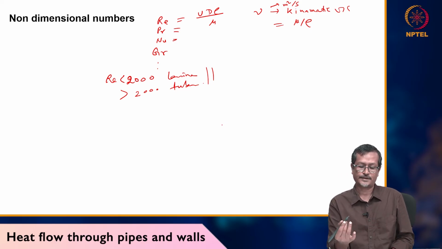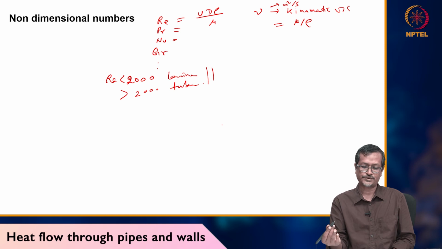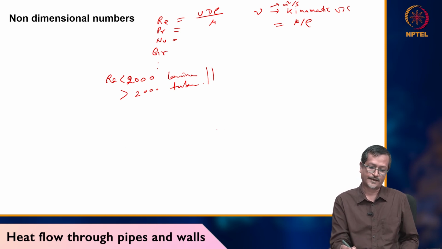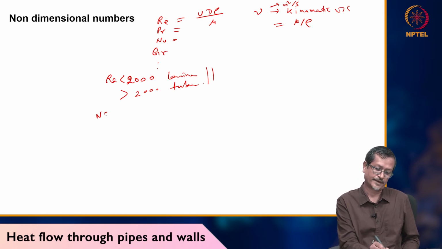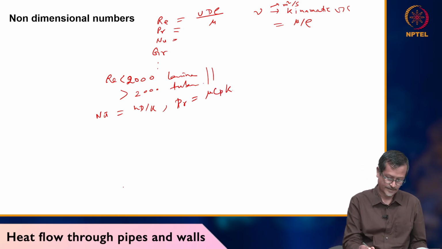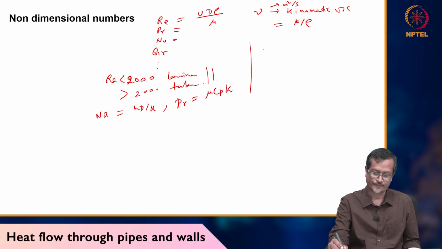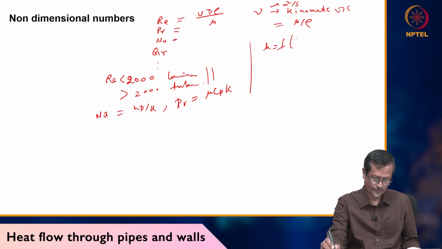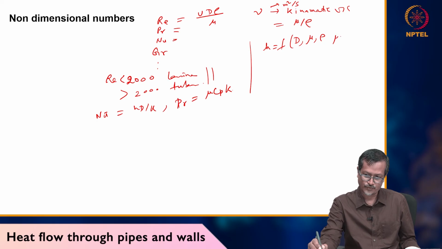When flow is turbulent, we will have a higher heat transfer coefficient because of forced convection. Nusselt number, I have already given the formula, hD by K, Prandtl number mu Cp by K, and h equals a function of diameter, viscosity, rho, mu, K, Cp.